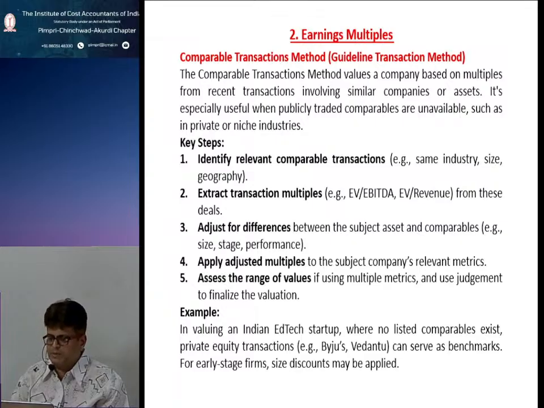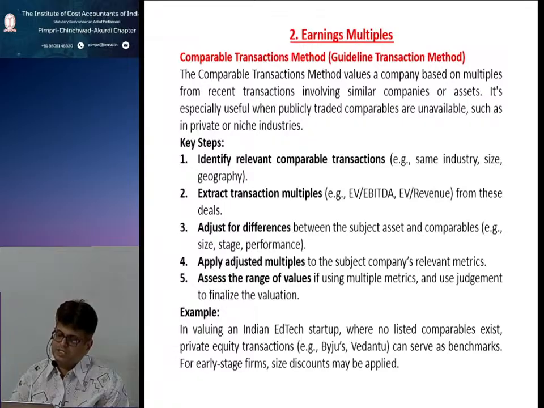Let's take an example, or rather it's given in the study material itself. In valuing an Indian ed tech startup where no listed comparables exist, private equity transactions, for example Byju's or Vedantu, which are the popular apps or ed tech companies, can serve as benchmarks.